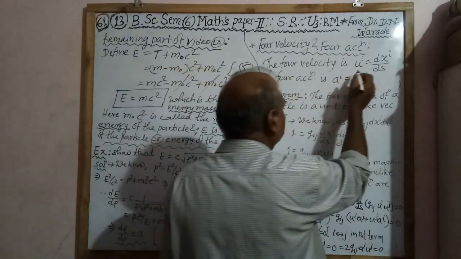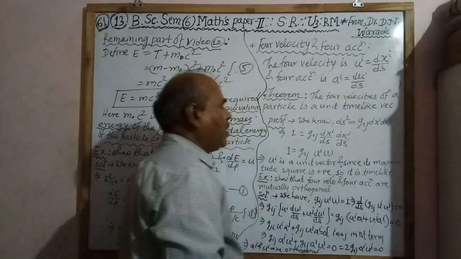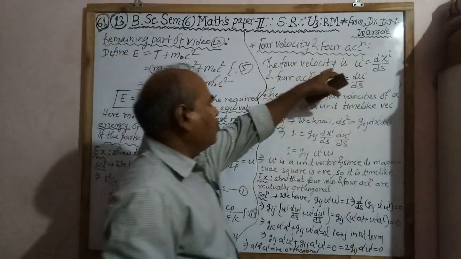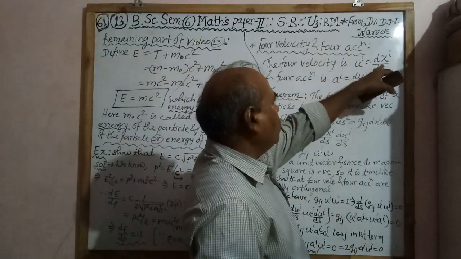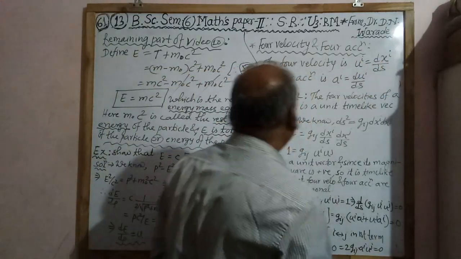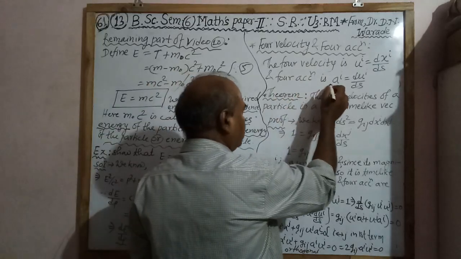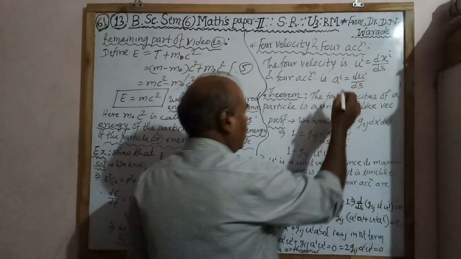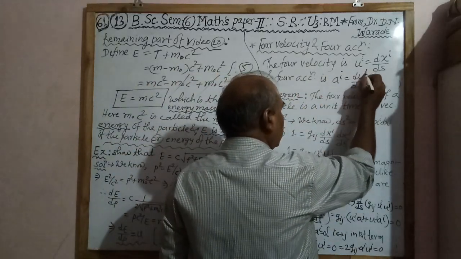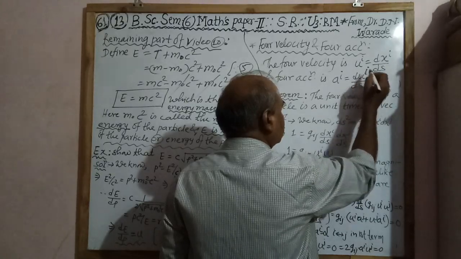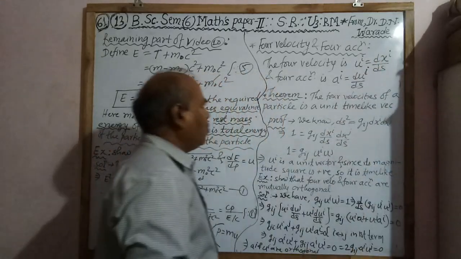The four velocity is given by u^i equal to dx^i by ds. For four velocity we can put here i equal to 1, 2, 3, 4, so we have the four velocities. Then the four acceleration is given by a^i equal to du^i by ds. Again here i equal to 1, 2, 3, 4.